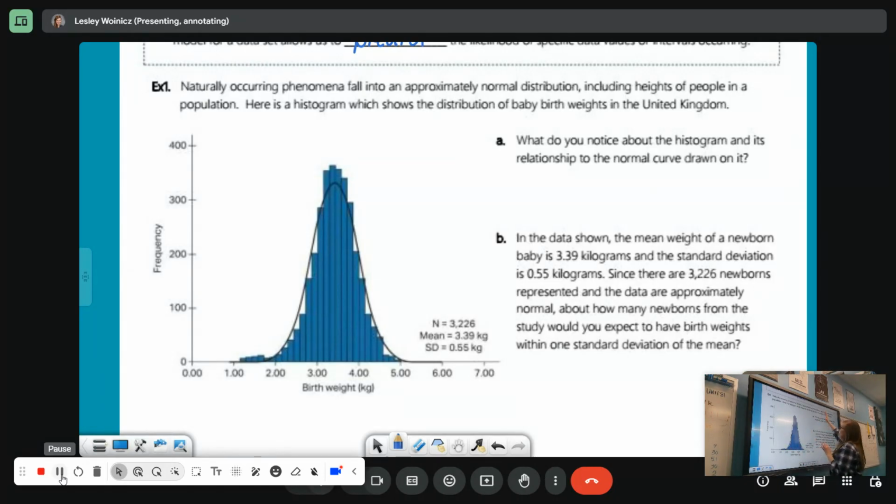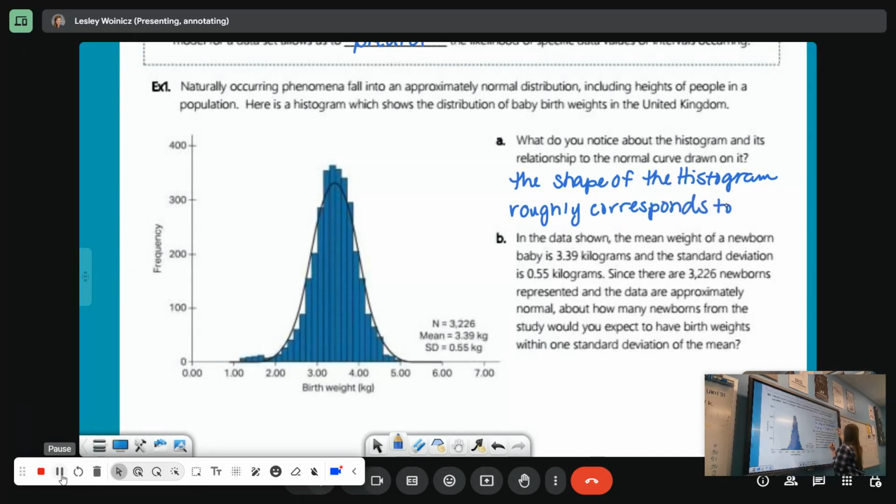So the shape of the histogram roughly corresponds to the normal distribution.